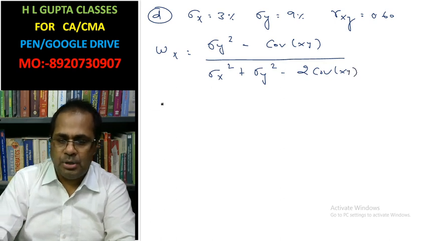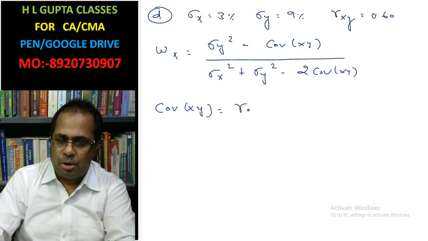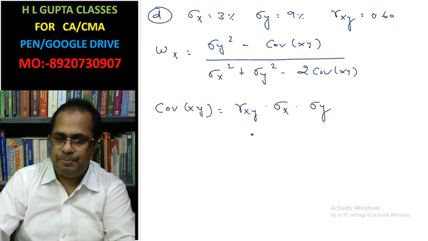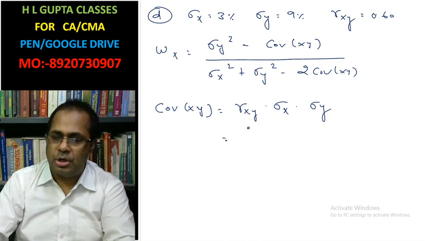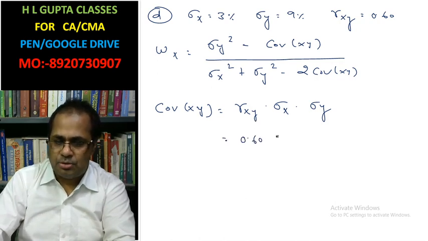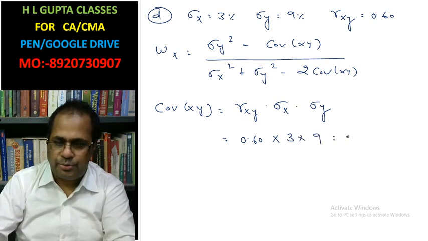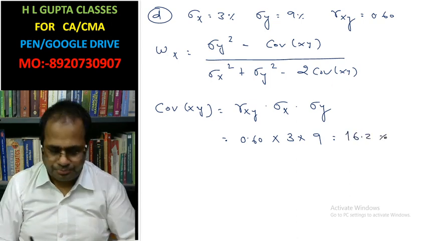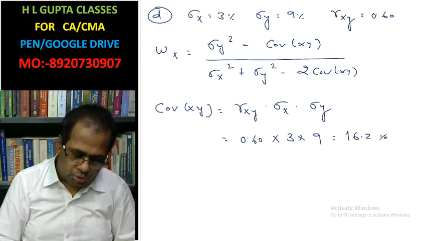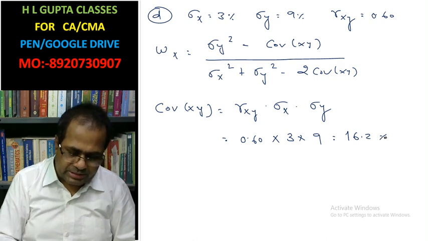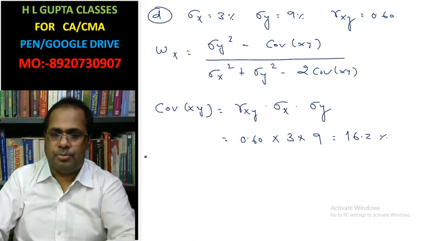Now covariance XY is calculated as coefficient of correlation XY times standard deviation X times standard deviation Y. Coefficient of correlation XY 0.60 into 3 into 9, this is 16.2%. 27 into 0.6 is 16.2%.